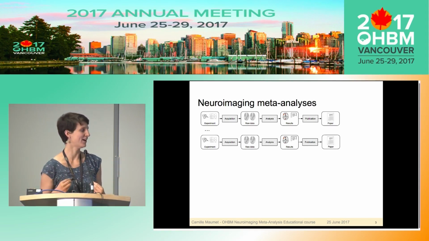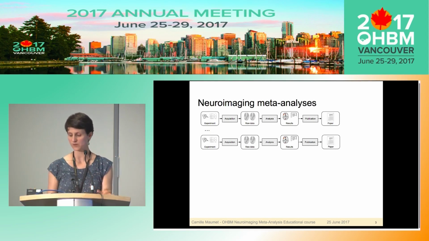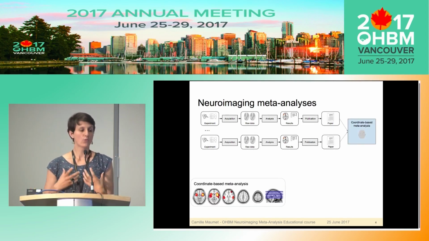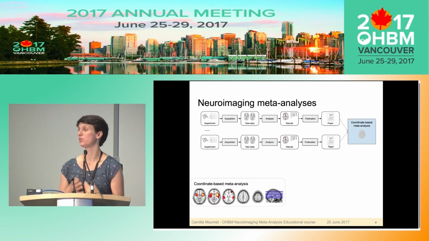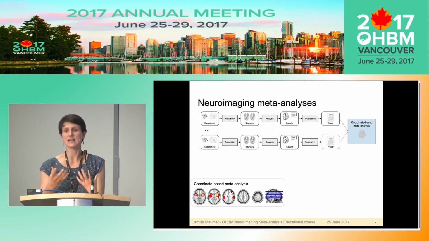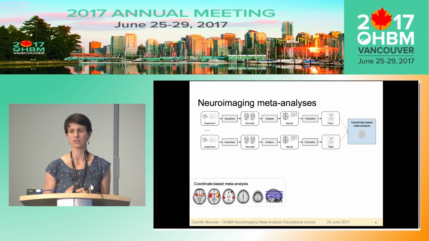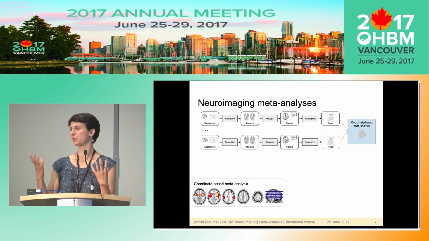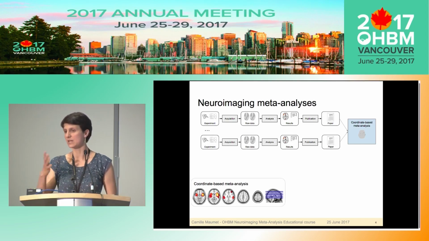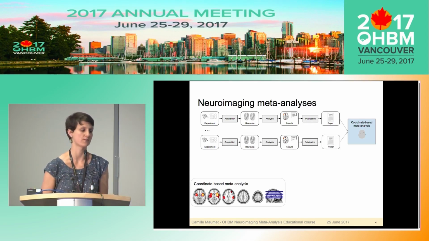Of course, here we are interested in meta-analysis, so we are not looking at one study, but a group of studies. And what we typically do is rely on the data that is available in the scientific publication in order to perform this meta-analysis, which is therefore called a coordinate-based meta-analysis because we are combining those X, Y, Z values that are available in the papers.